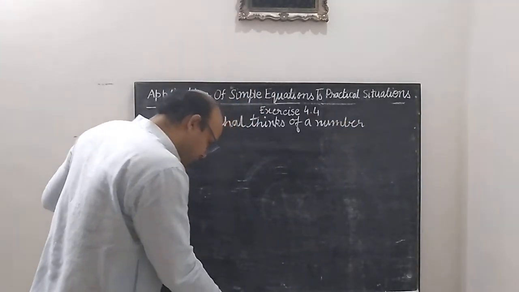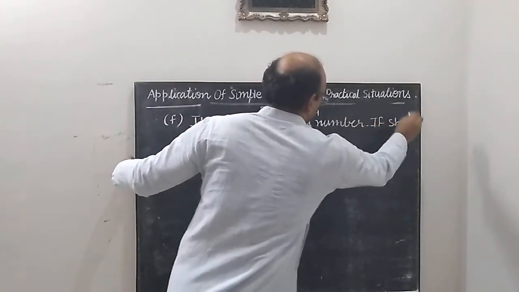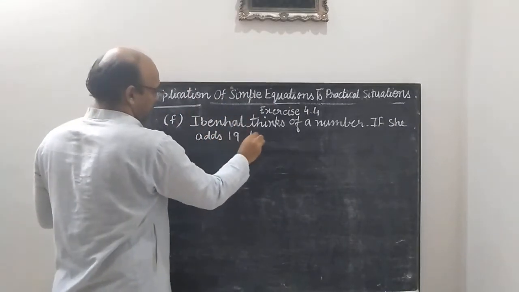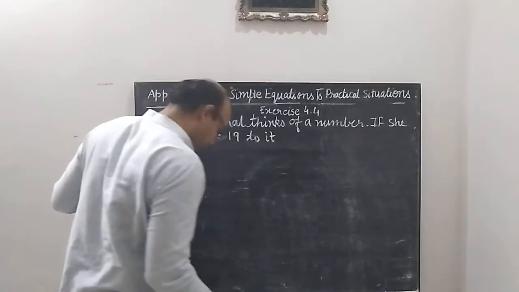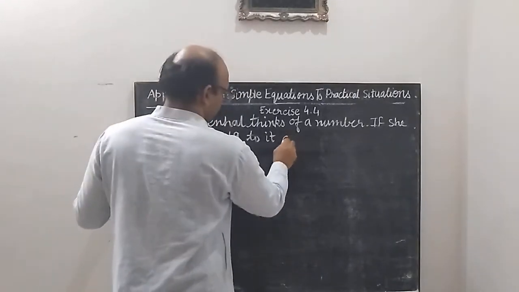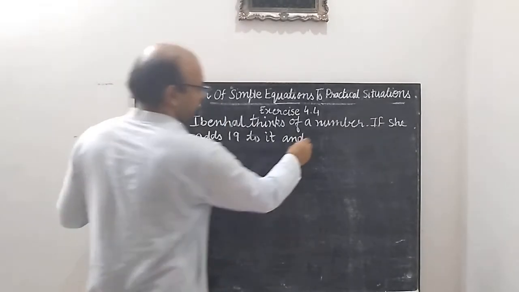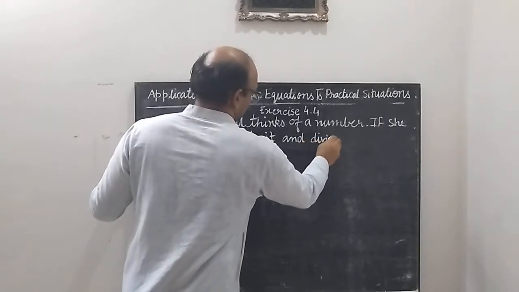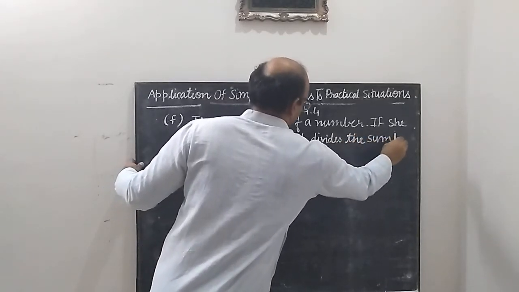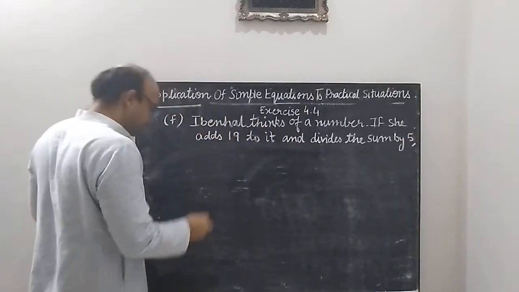If she adds 19 to it and divides the sum by 5, she will get 8.